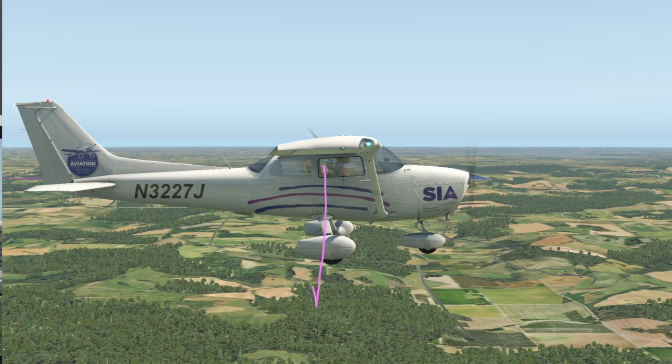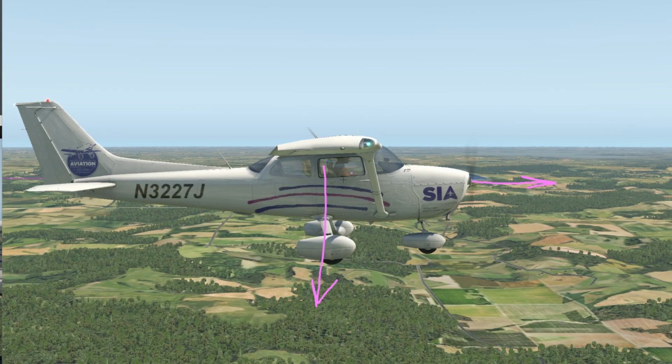Our flight path would be this line right here. The aircraft is just dropping out of the sky in a flat spin, so that would be considered the flight path. Notice that the nose is still pointed over there, yet the aircraft is going straight down. So again, the flight path is the path the aircraft travels through the air.